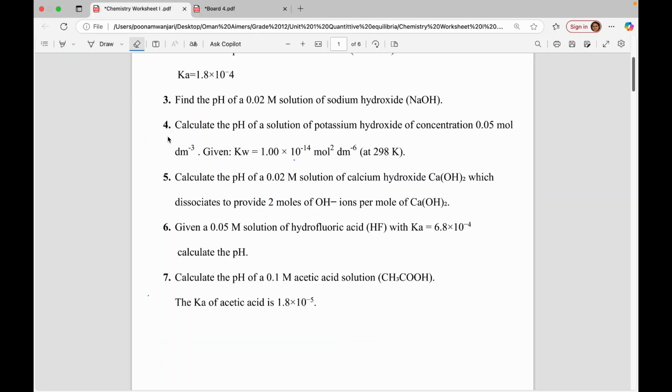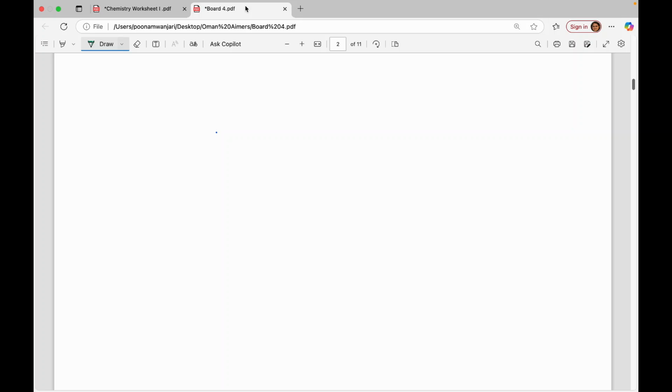Coming to the fourth problem, students. Calculate the pH of a solution of potassium hydroxide of concentration 0.05 mole per dm cube, and here given is the ionic product of water, that is Kw at 298 Kelvin, which means 25 degrees Celsius. It is 1 into 10 to the power minus 14. So students, here we have to use method 2 because the ionic product is given. So write down the expression.